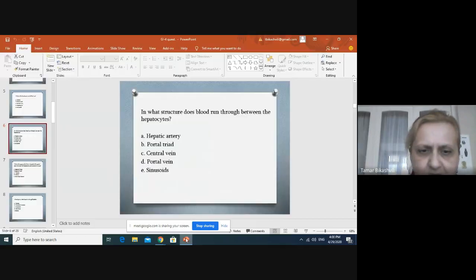Again, in what structure does blood run through between the hepatocytes?